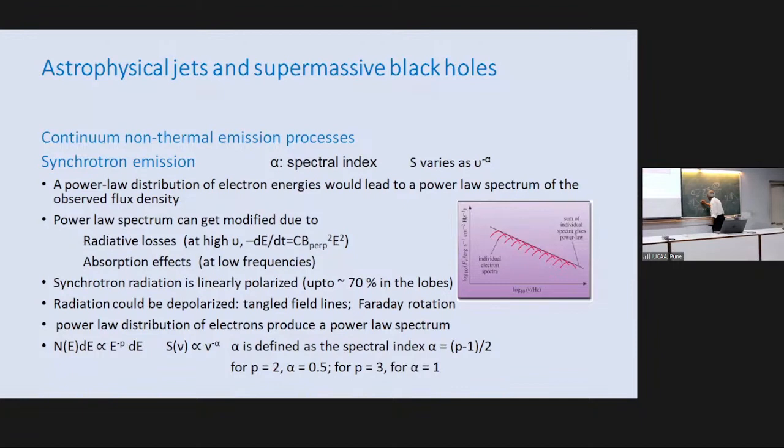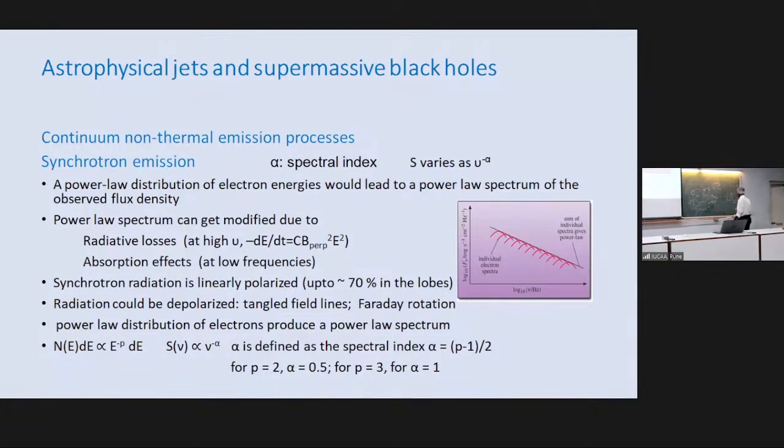Some typical values are 0.8 to 1 or so. This is about 0.5. And this is more complex. So how do we get a spectral index of either 0.5 or 0 or 1 or complex?